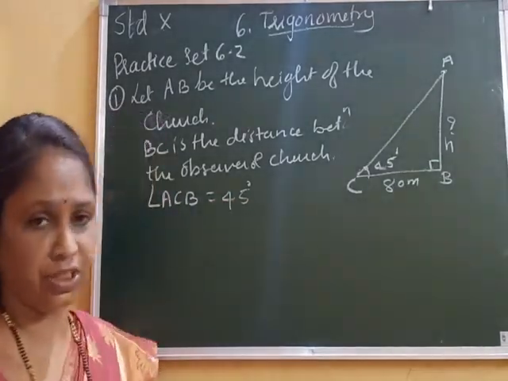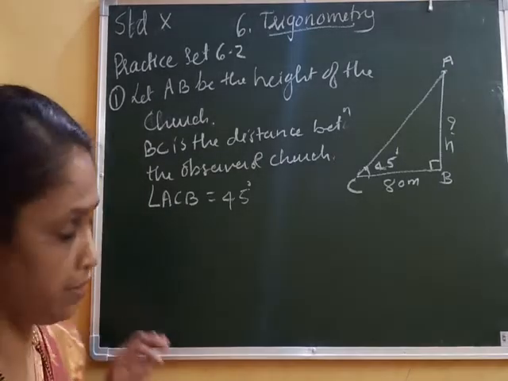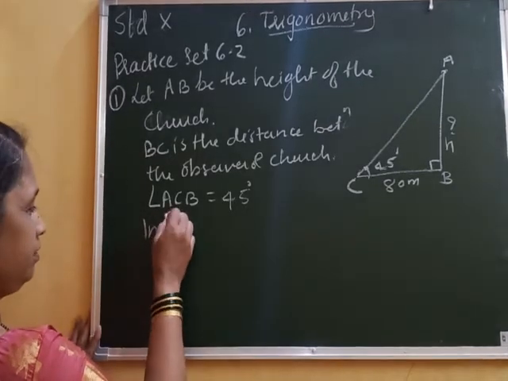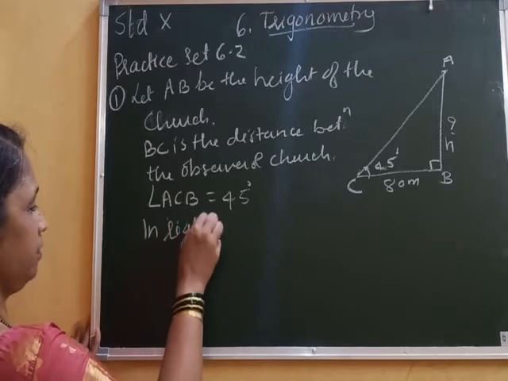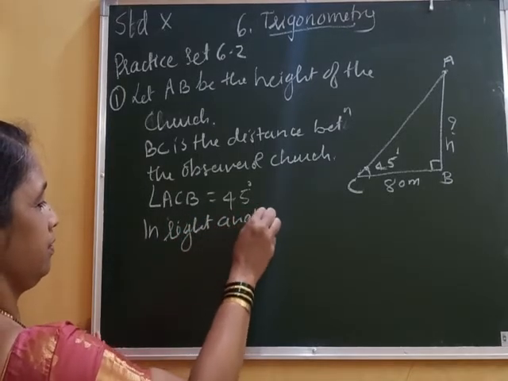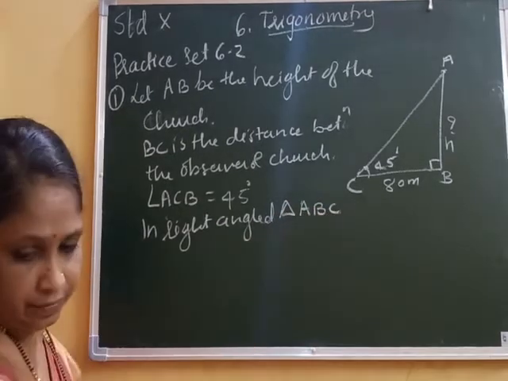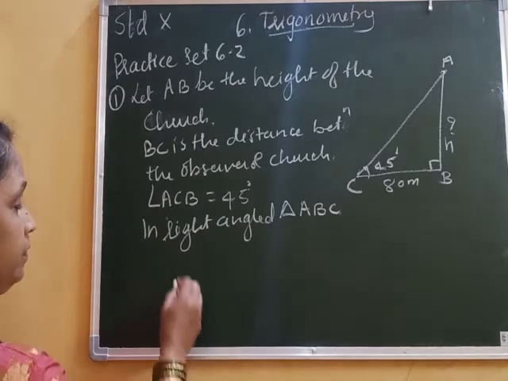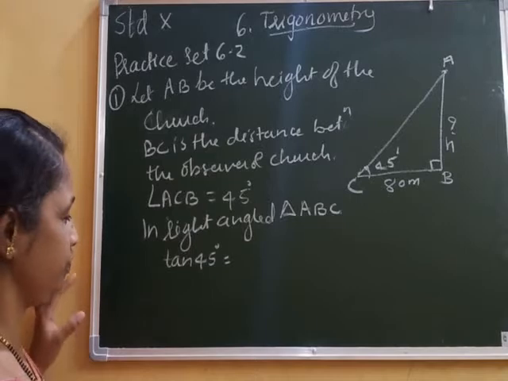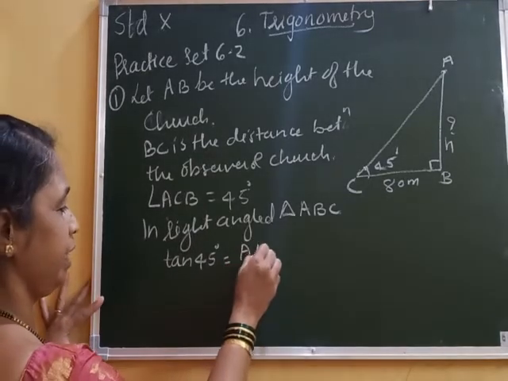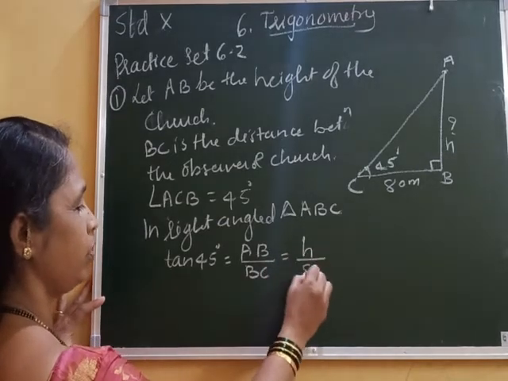Okay, angle of elevation is of 45 degree. Therefore, what we will write? In right angle triangle ABC, tan 45 is equal to opposite side, means AB upon BC, which is equal to H upon 80.